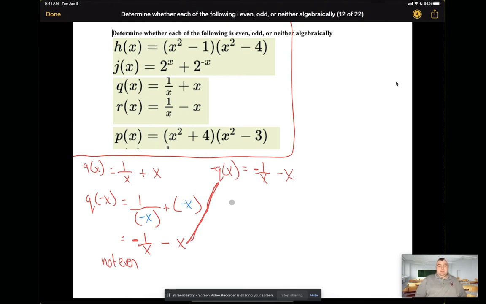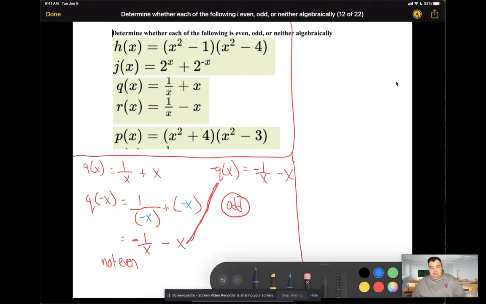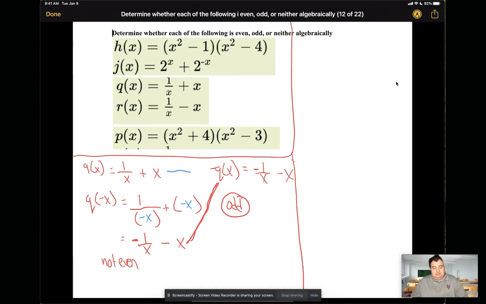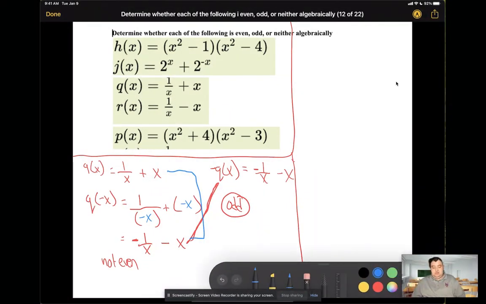When I compare it to this, those two things are the same, which means that this is an odd function. So to recap what I did, I initially compared these two things, saw that those were not the same, which means it was not even.